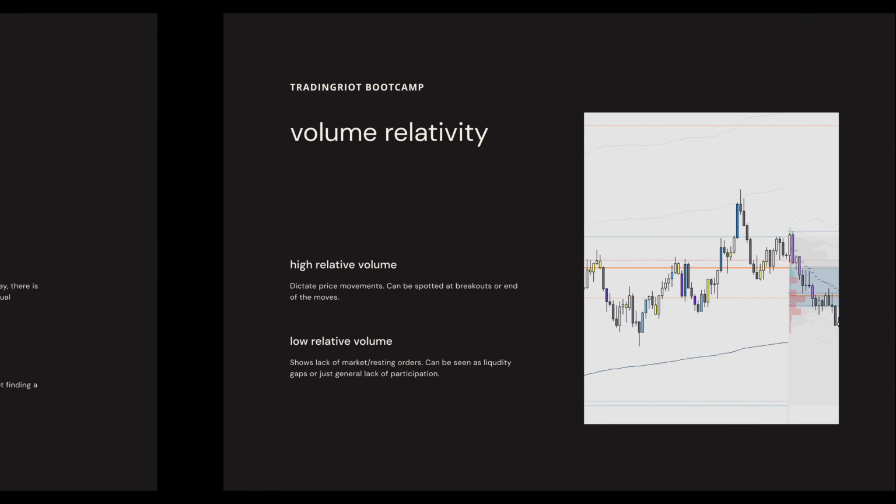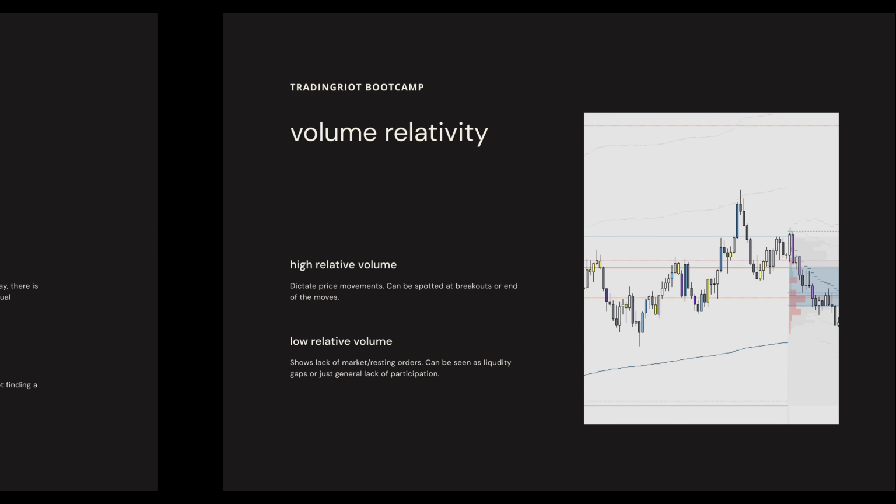The last thing here is relative volume. Volume is the amount of finalized orders that are executed. There are different types of indicators that will show you the relative volume. The most popular is RVOL.